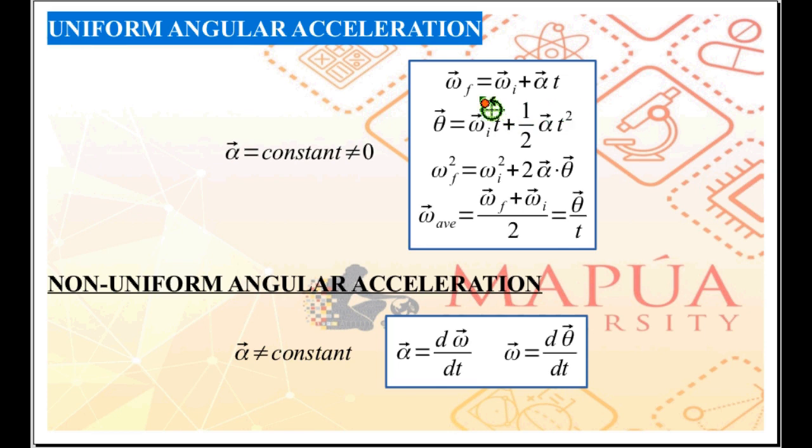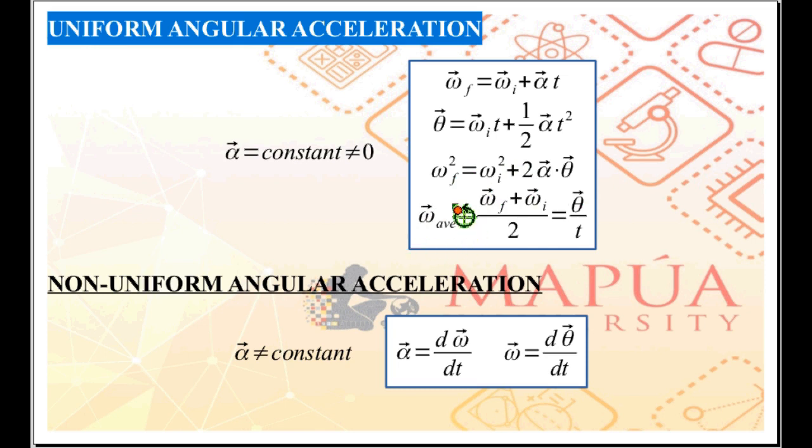So omega final is equal to omega initial plus alpha t. And then you have angular displacement or final angular position. Angular displacement theta is equal to omega initial t plus 1/2 alpha t squared. And then you have omega final squared is equal to omega initial squared plus 2 alpha theta.